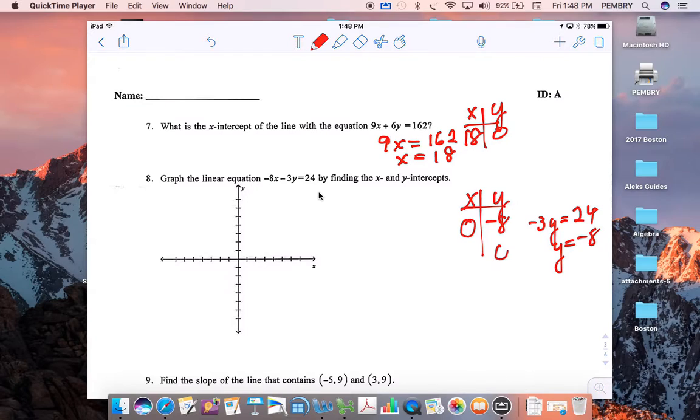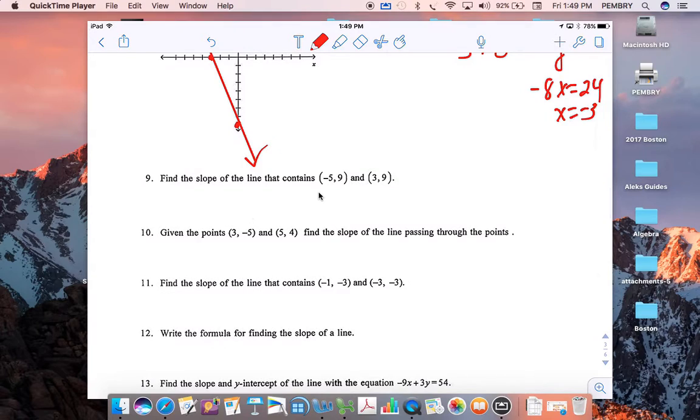And then we can let y be 0, and when that's the case, we get -8x equals 24, and x is -3. (0, -8) is go below on the y-axis: 2, 3, 4, 5, 6, 7, 8. And (-3, 0). Plot your 2 points, draw your line, add your arrows.